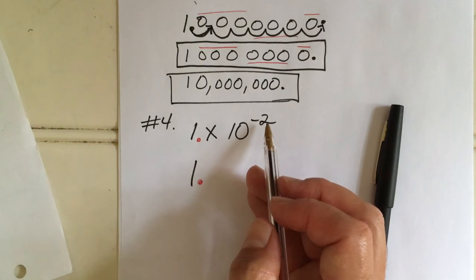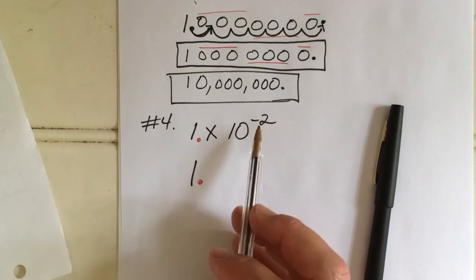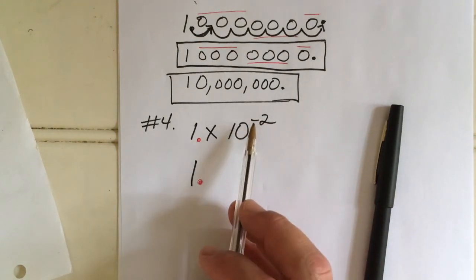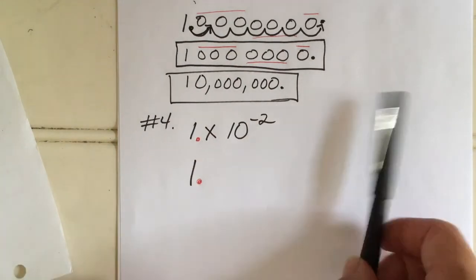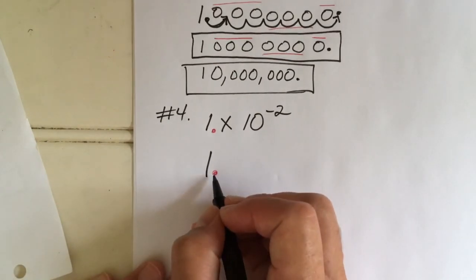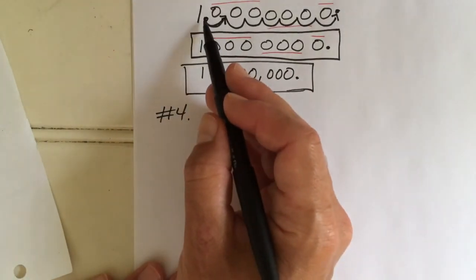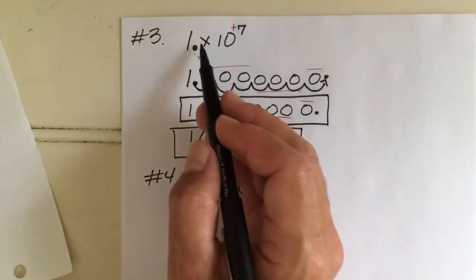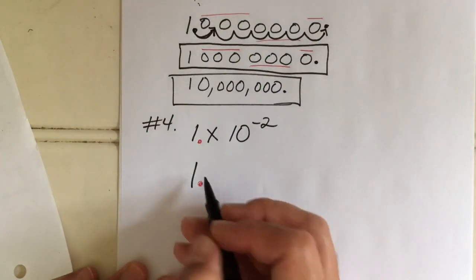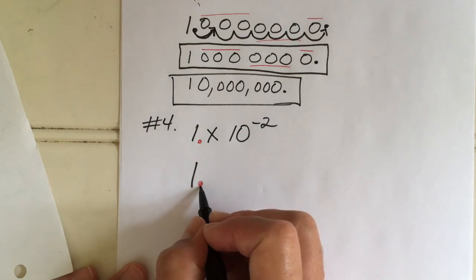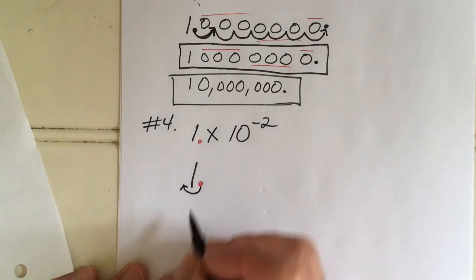And then this says I have to move my decimal point 2 times, but to make it smaller, right, because of the negative sign. So the first move, we moved it last time to the right to make it larger. So to make it smaller, I'm going to move it left, right? Because I move it right here, it becomes 0.1, right?